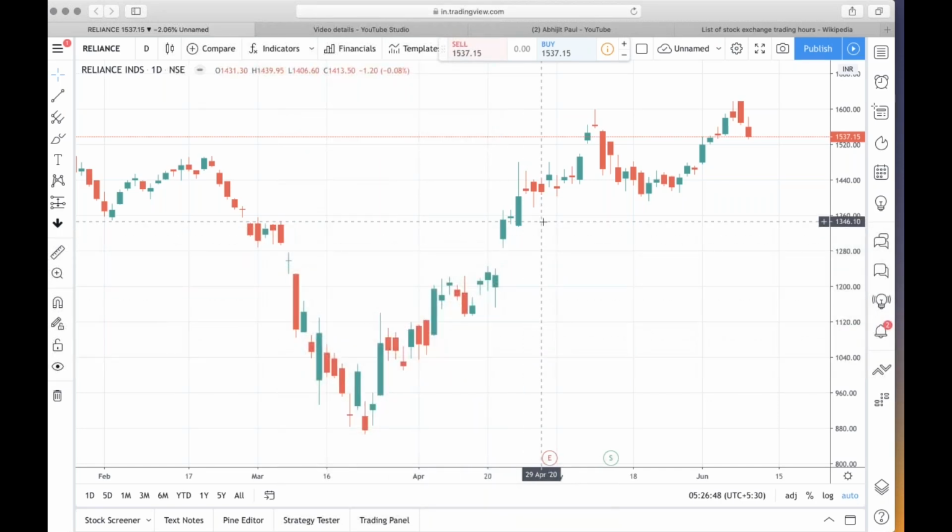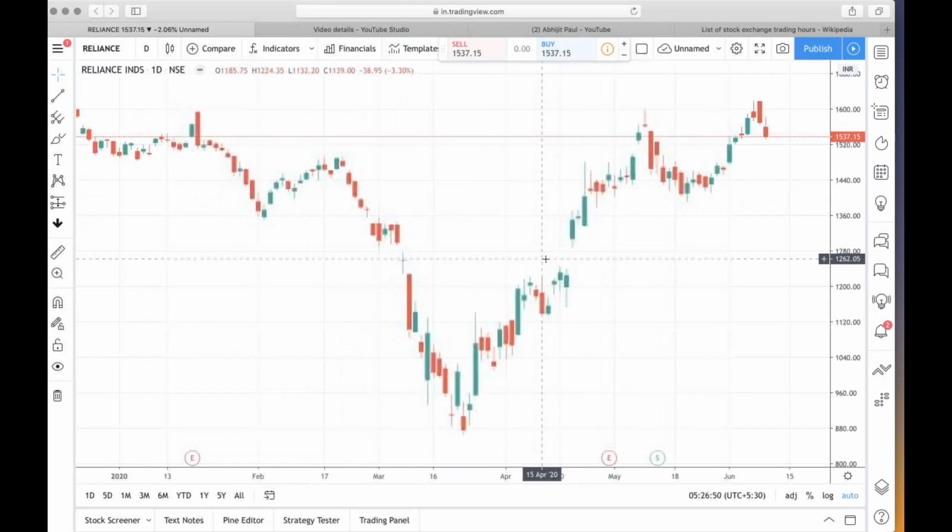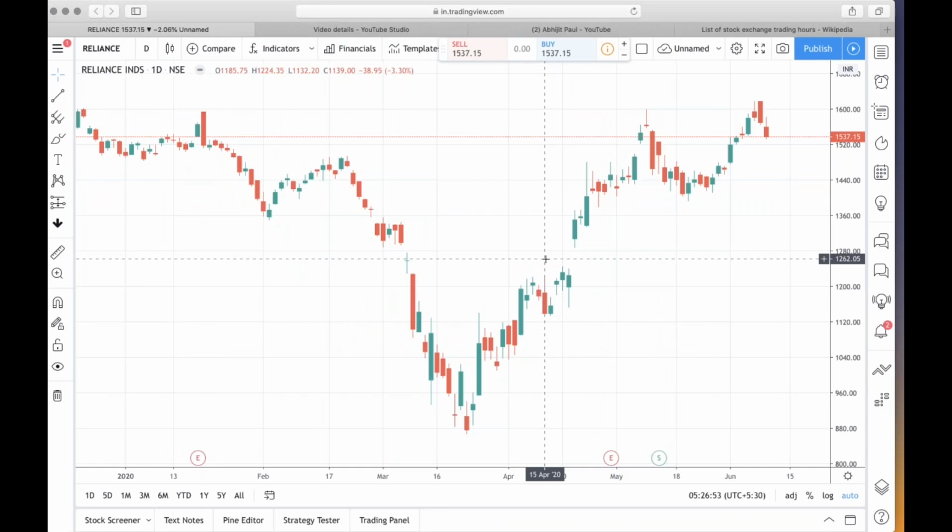So for Indian markets, each and every candle for Reliance over here has had trading from 9:15 to 3:30.